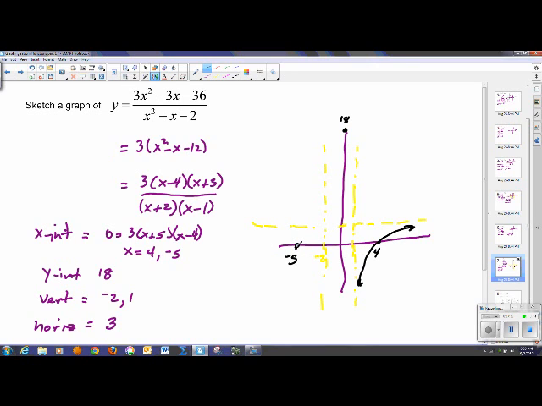I must go through this intercept and approach that part of the function and approach that part of the function. Now, up here, I must go through this point, and I can't cross this axis down here because there's no x-intercepts. So the graph's got to look something like that.